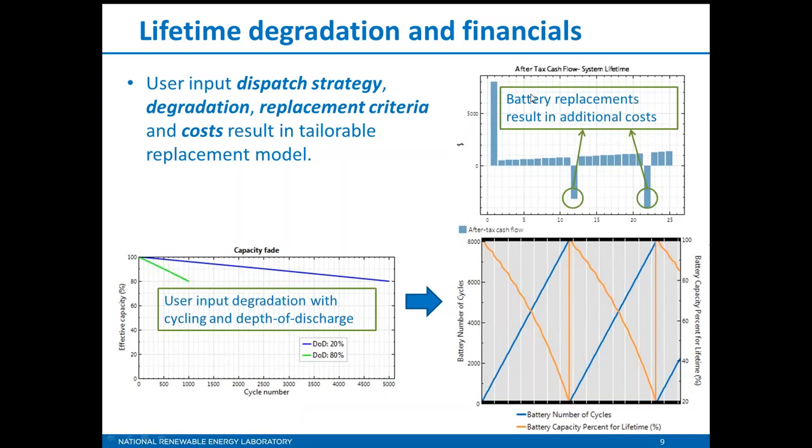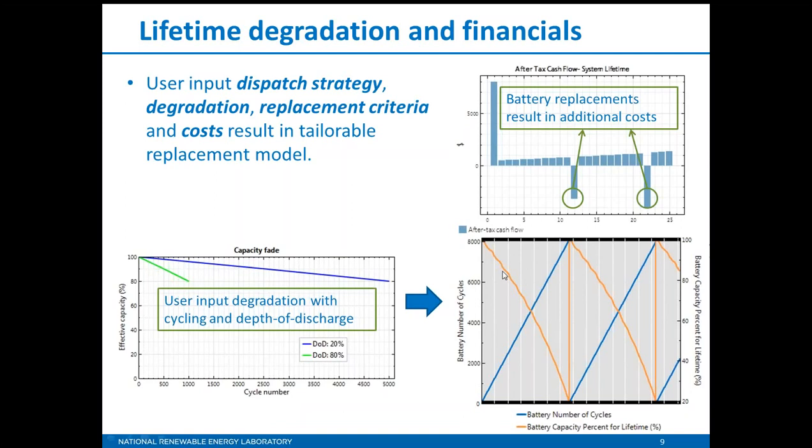In the top right here, you see a simulation where there have been a couple of times where the battery bank has been replaced, and so this introduces those large capital costs you see.